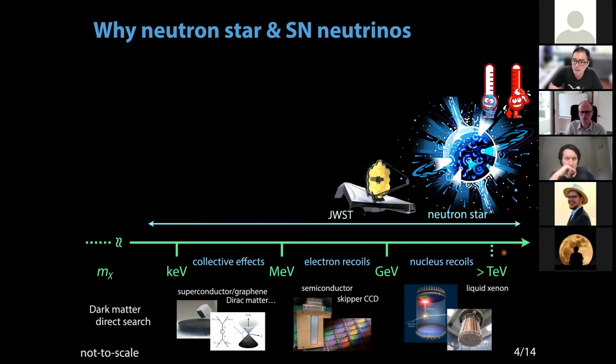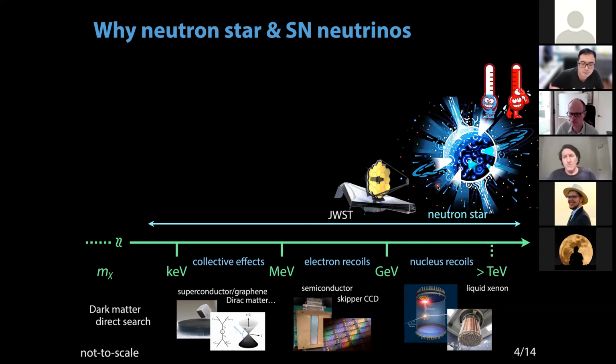Suppose dark matter can be captured by the neutron star and annihilate inside it, then this effect generates heat and changes the surface temperature of the neutron star. So future telescopes such as the James Webb Space Telescope that is going to launch soon can observe the surface temperature of the nearby neutron star. Therefore, we can use such observation to constrain the dark matter properties.